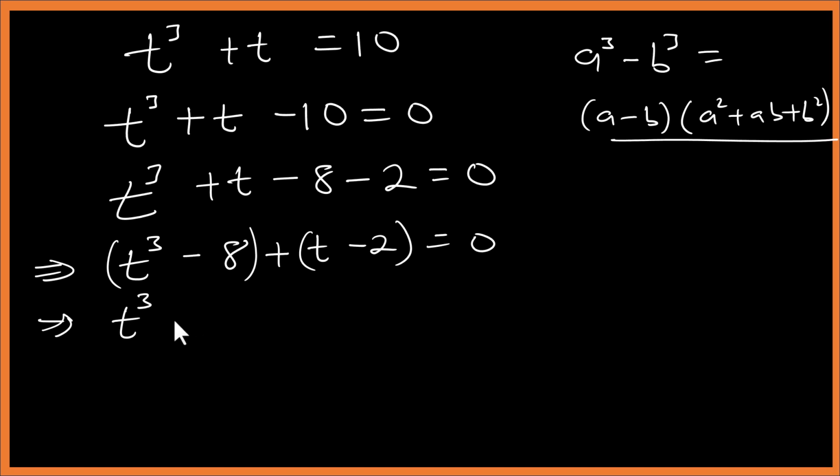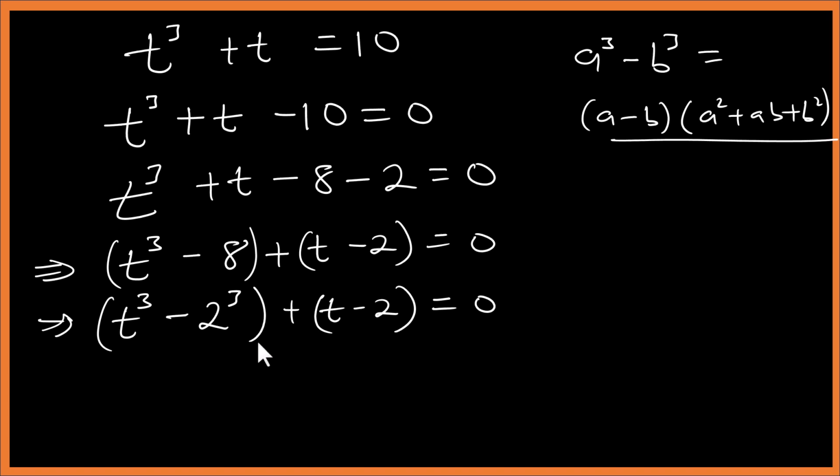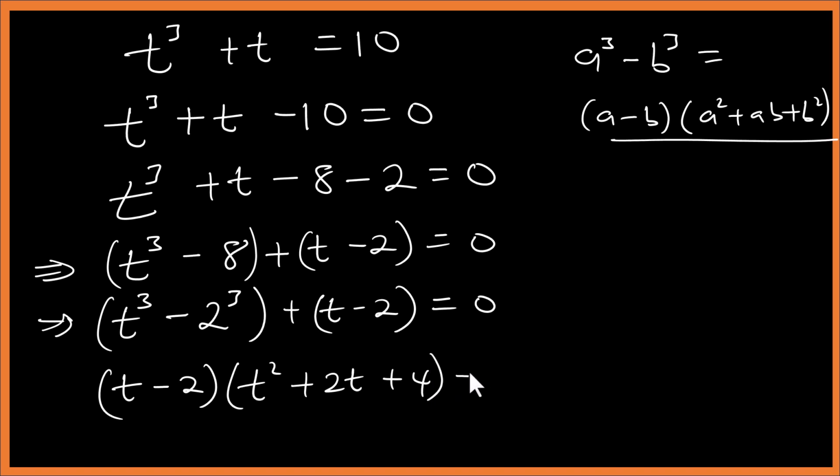So minus 2 to the power 3 plus t minus 2 equals 0. So this side will be t minus 2 times t squared plus 2t plus 2 squared, 4, plus t minus 2 equal to 0.